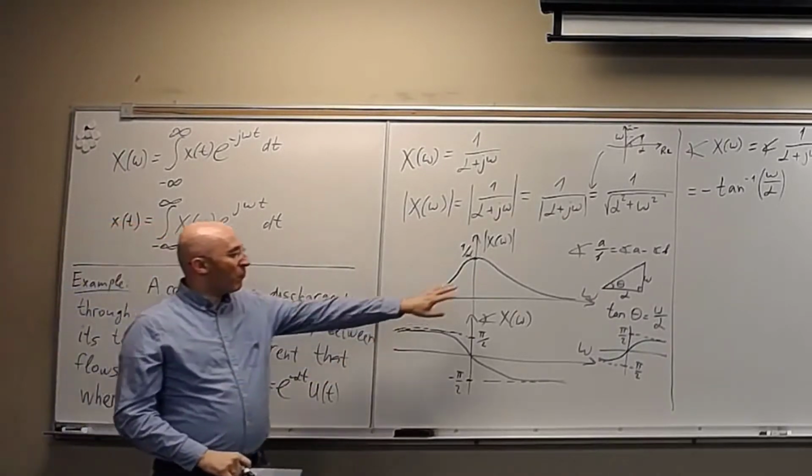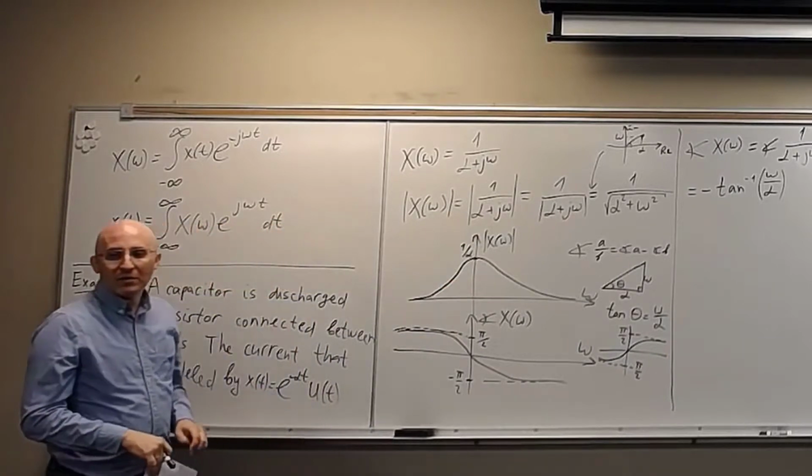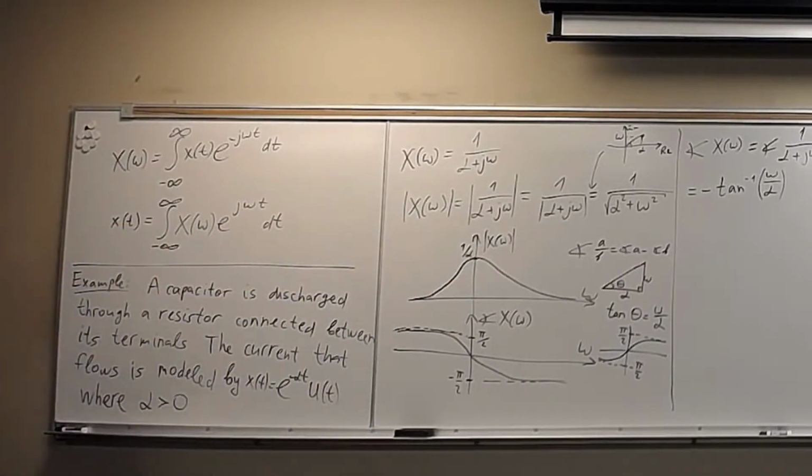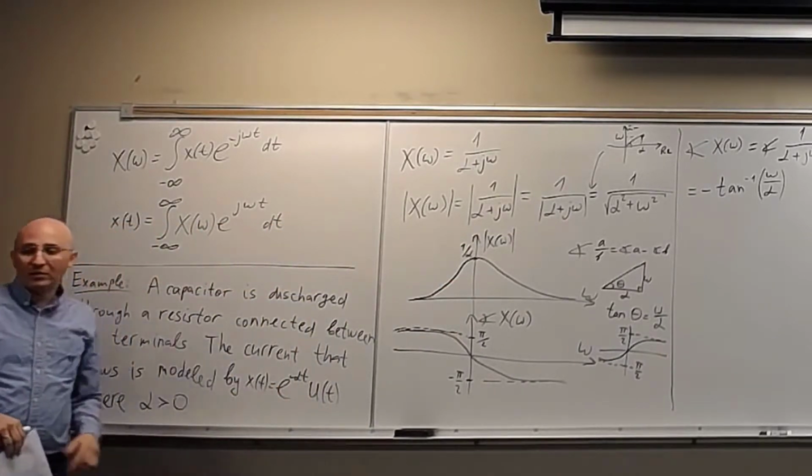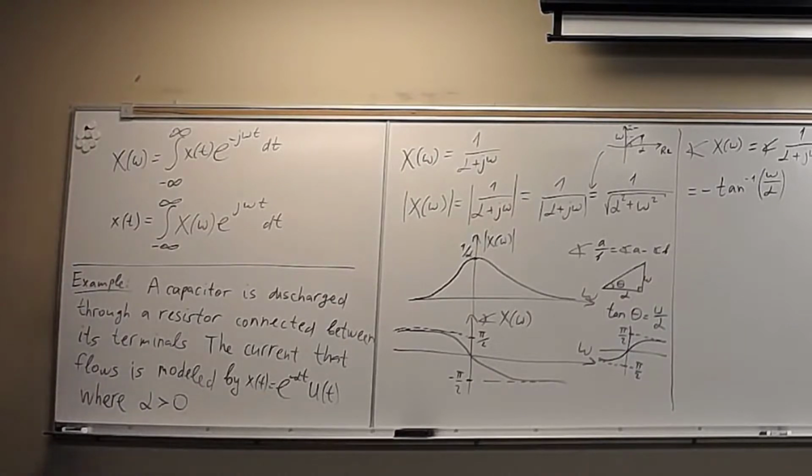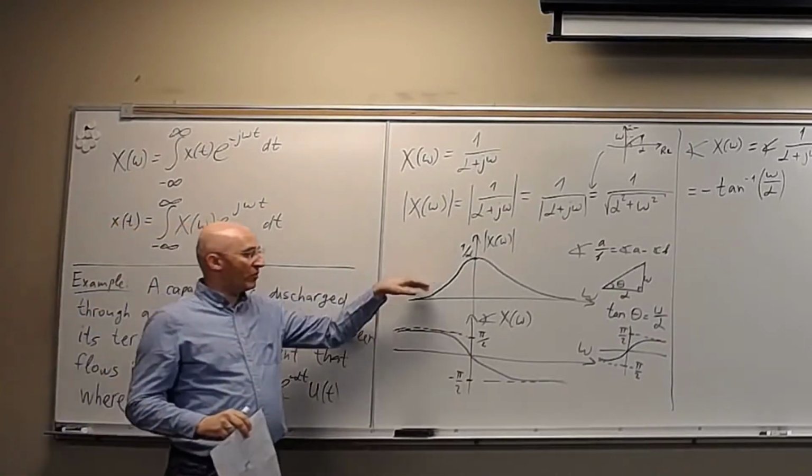Can you interpret what this thing means? Like what it says about that signal? It has a bell-like shape. I'm not talking about a specific formula, I'm talking about just the overall shape.